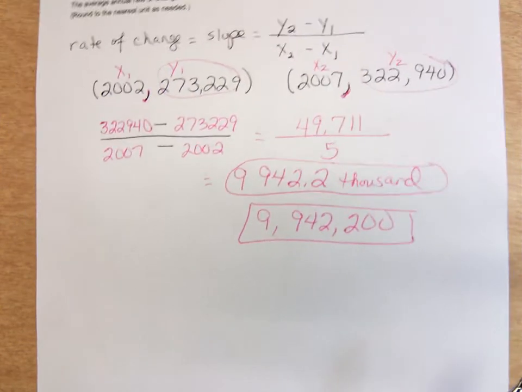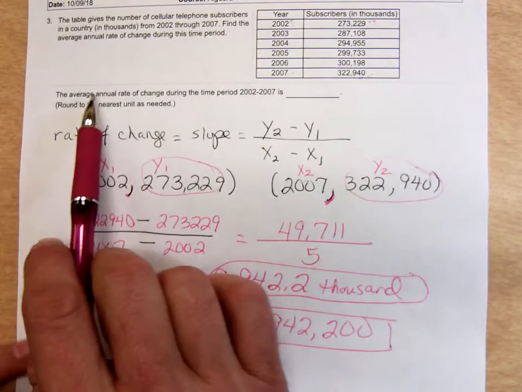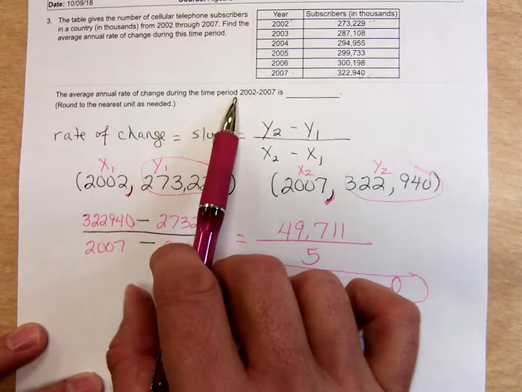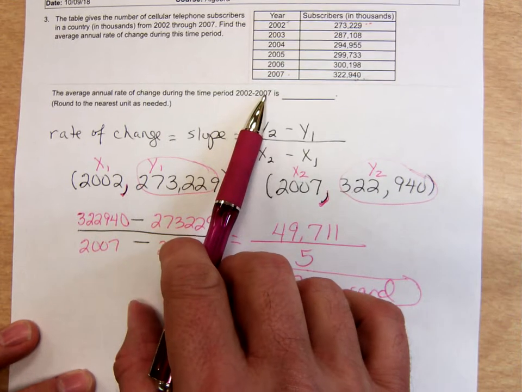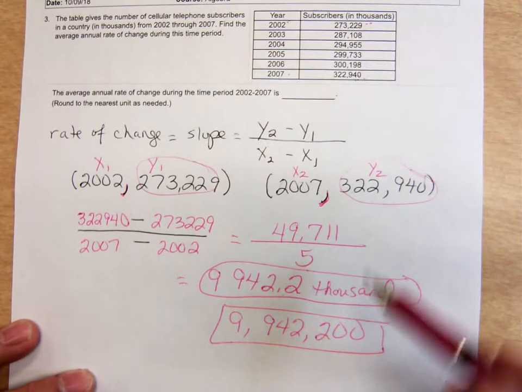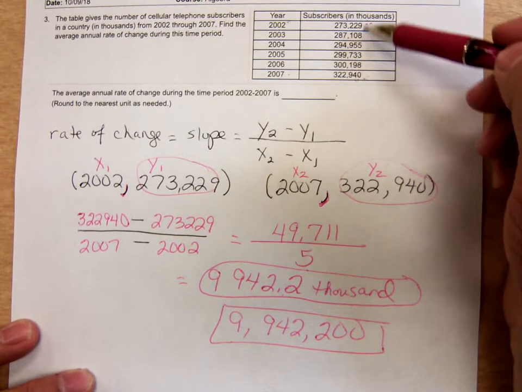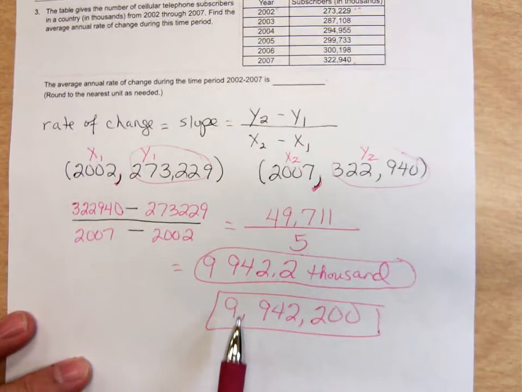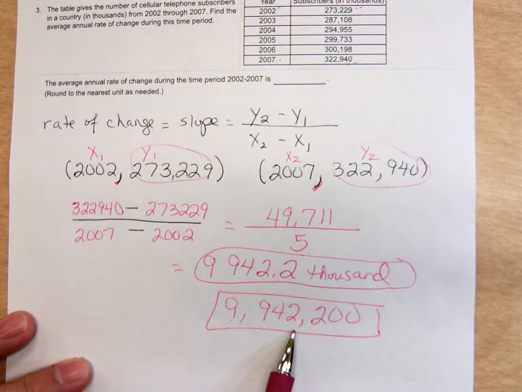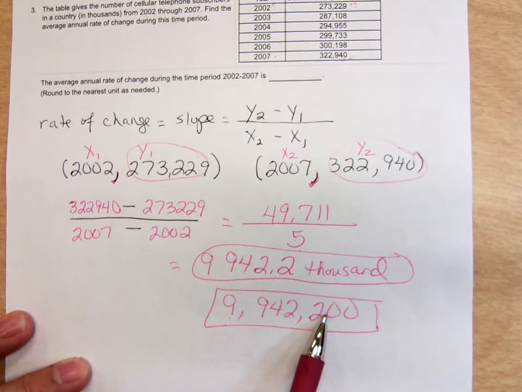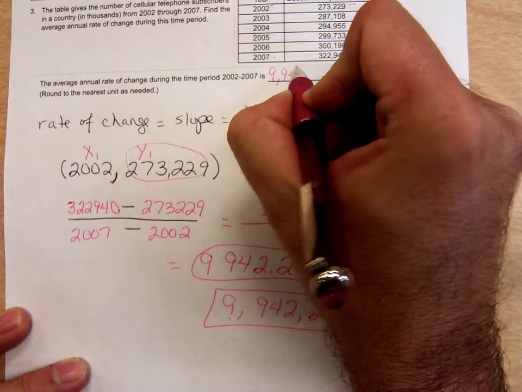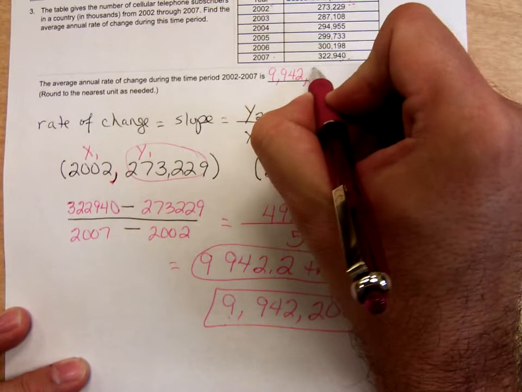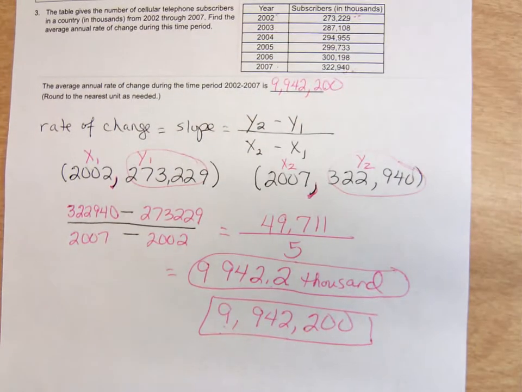So the average rate of change from 2002 to 2007, the number of cell phone subscribers was increasing on average by 9,942,200 subscribers. Okay. Any questions there?